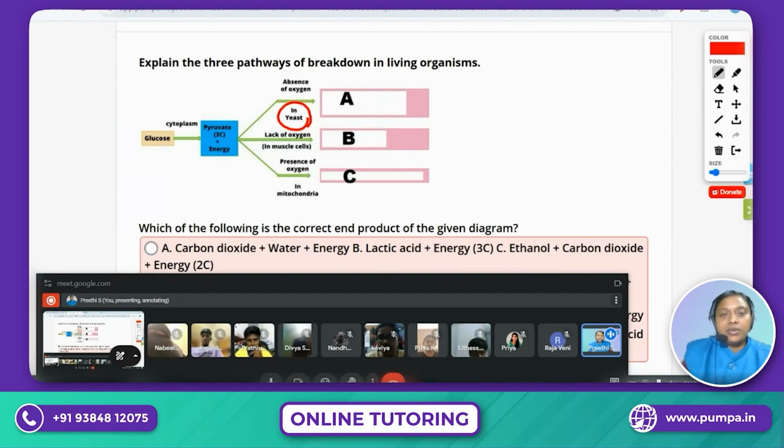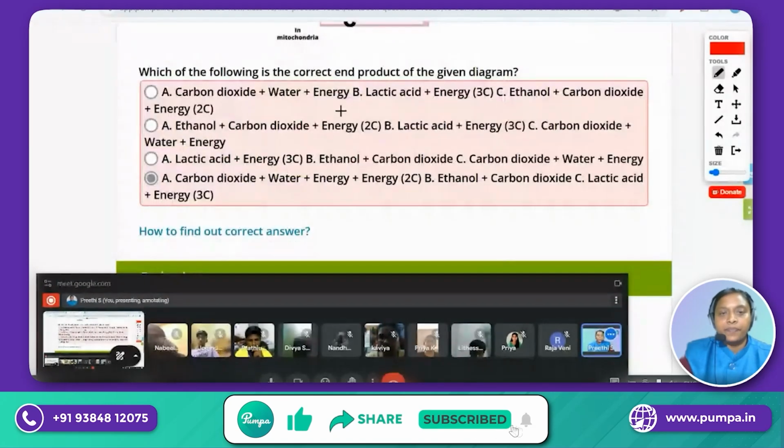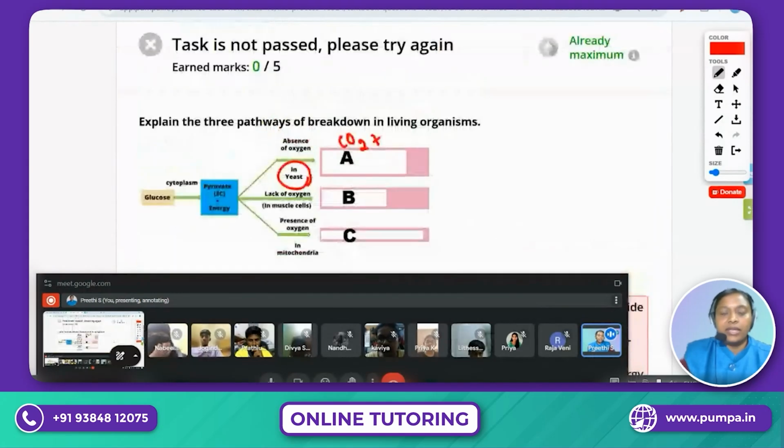The products will be carbon dioxide and alcohol, ethanol, and one more thing, the energy. Ethyl alcohol or ethanol, carbon dioxide.